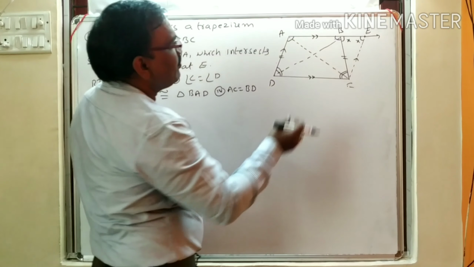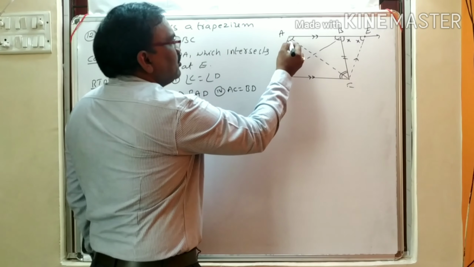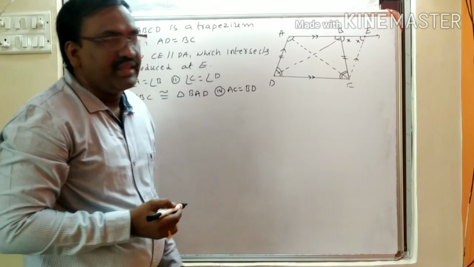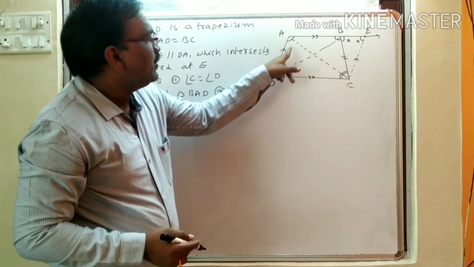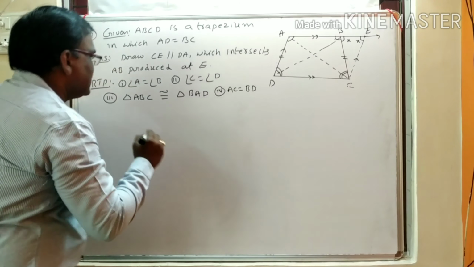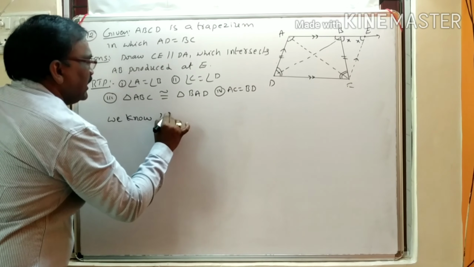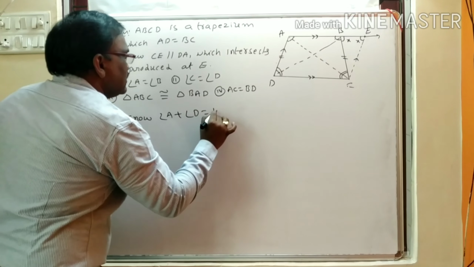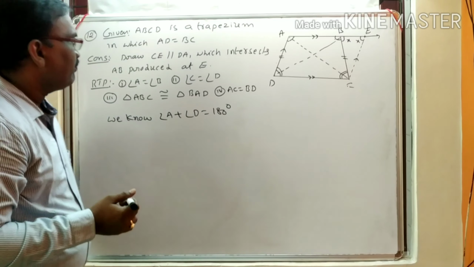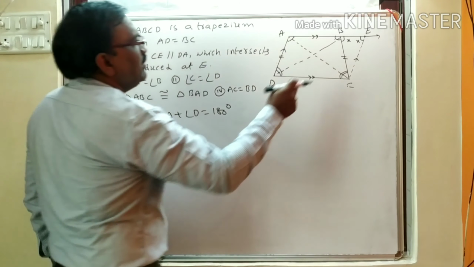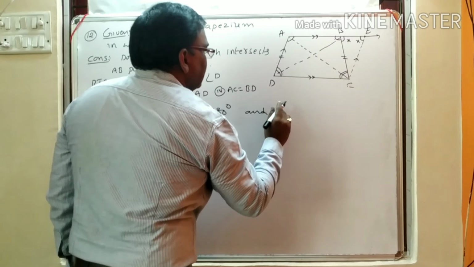Next, see, AB is parallel to DC. This is a transversal. Now sum of these two also 180 degrees. These two are called co-interior angles or allied angles. We know angle A plus angle D is equal to 180 degrees, and angle B plus angle C also.